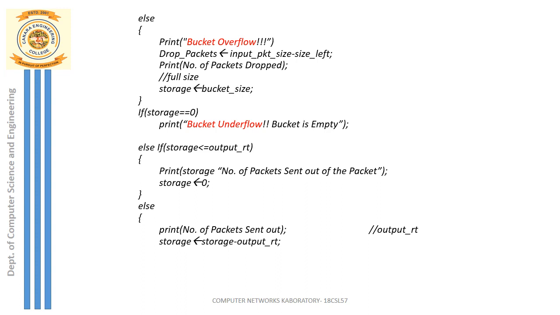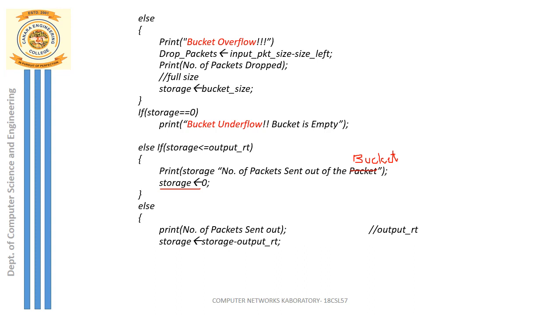In that case, all the packets in the bucket can be allowed to go. That is why we allow all the storage number of packets out of the bucket. Sorry, this is not packet, it's bucket. And once we allow all the packets out of the bucket, we make storage equal to 0.